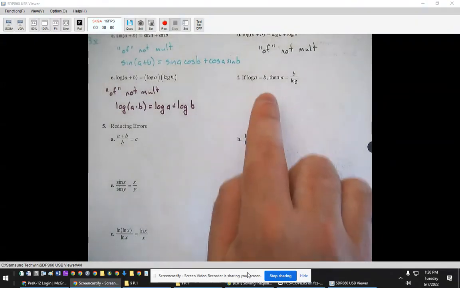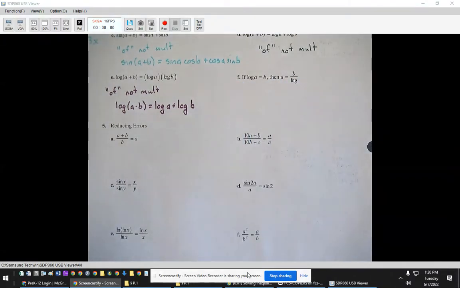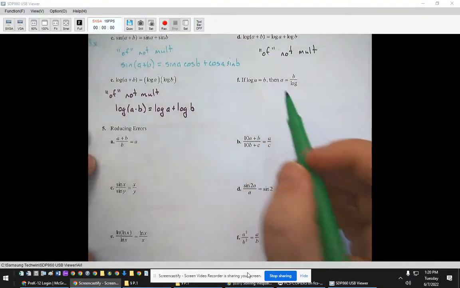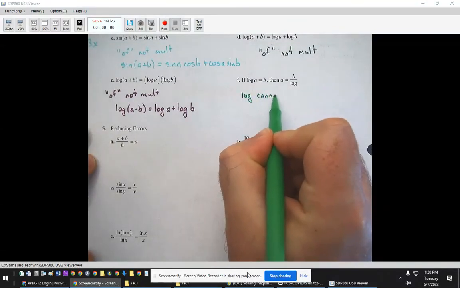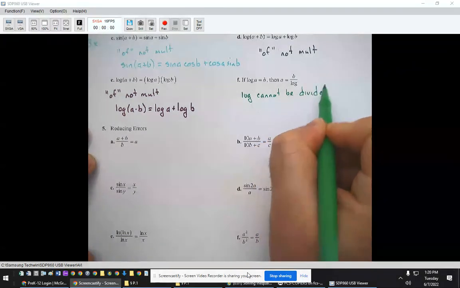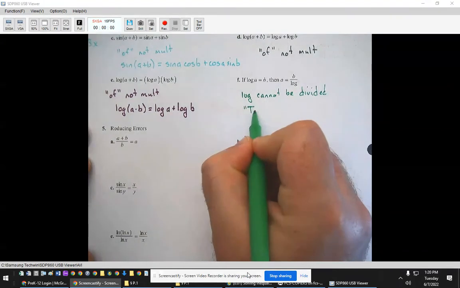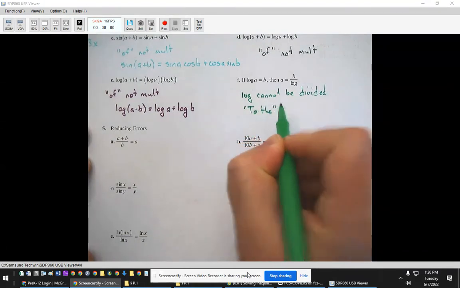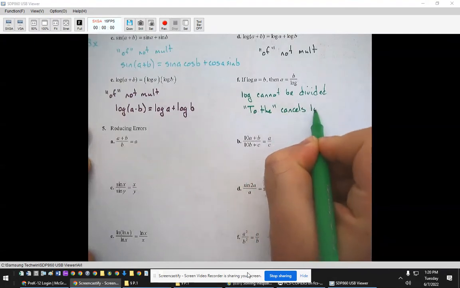Again, here, common mistake. People want to kill off this log by dividing by it, by canceling it out via division. It can't. Log cannot be divided because it's not connected by mult. To cancel a log, you use the base to the power.